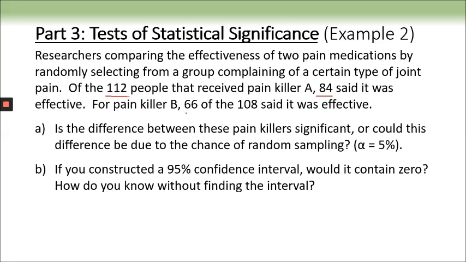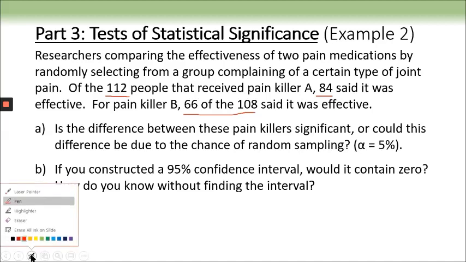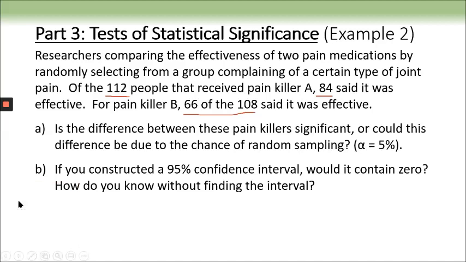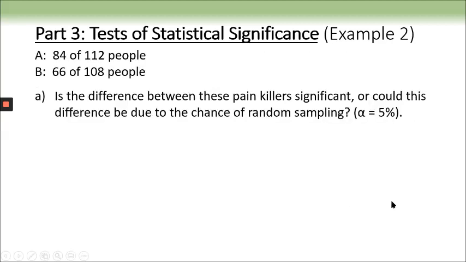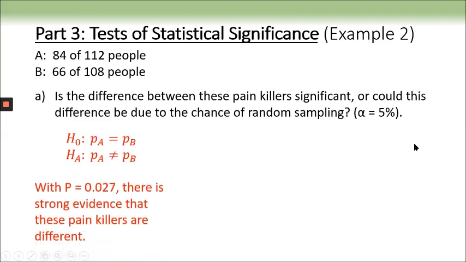Whereas the second one was given to us in order, 66 of 108. So when I am doing these, I would write that down on a little piece of paper beside me before I started doing anything on the problem. I would label them. I'm not going to calculate the proportions because our calculator can do that just fine. So I'll just write them down and then start entering.